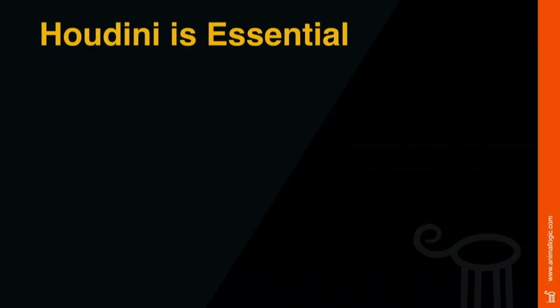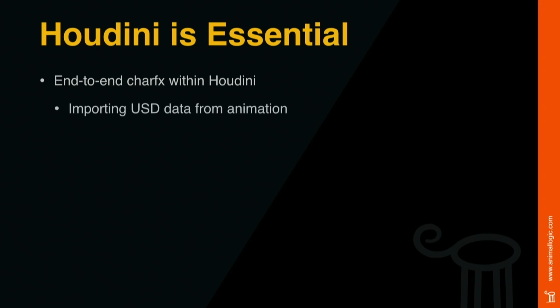So the first thing to know is that Houdini is essential to our process. The entire character effects pipeline is contained within Houdini end to end. And what that means is we are importing USD data from the animation department. We're taking that data into Houdini and processing it. We're importing it into SOPs. We're splitting into different geometry streams like the cloth and the fur, etc. All the simulations completed within Houdini.